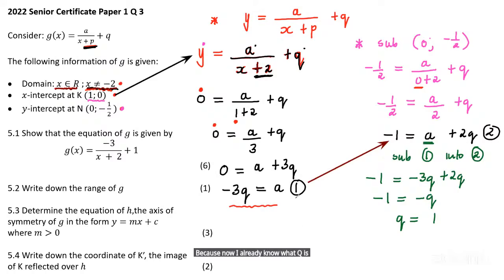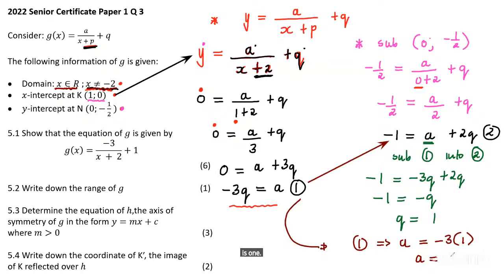So I can just quickly substitute into equation 1, where I said to myself, A is negative 3, Q is 1, so the value of A is negative 3. True to what they wanted, A negative 3, Q positive 1.